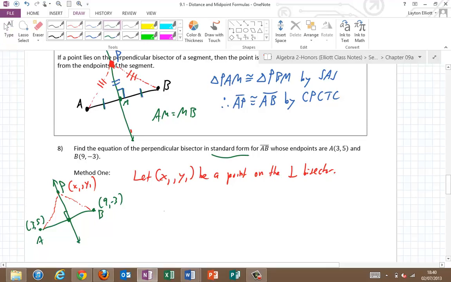So if that's true, then the distance between (x1, y1) and (3, 5) is equal to the distance between (x1, y1) and (9, -3). Let's do two distance formulas.